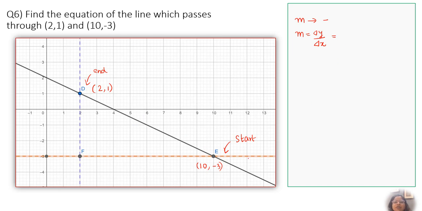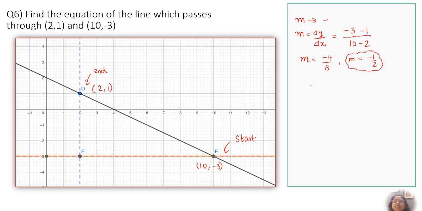So while taking the change in y, that's going to be -3 minus 1 over, and the change in x is going to be 10 minus 2. So that's m equals -4 over 8, which simplifies to m equals -1 over 2. So a negative gradient of the line, and hence the value of m is negative 1/2.